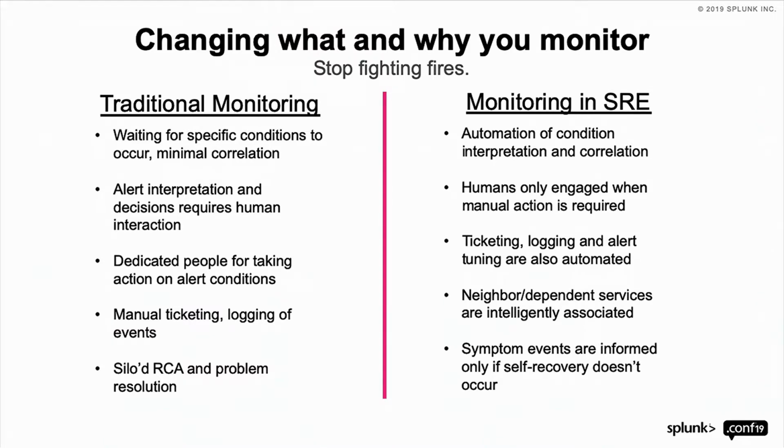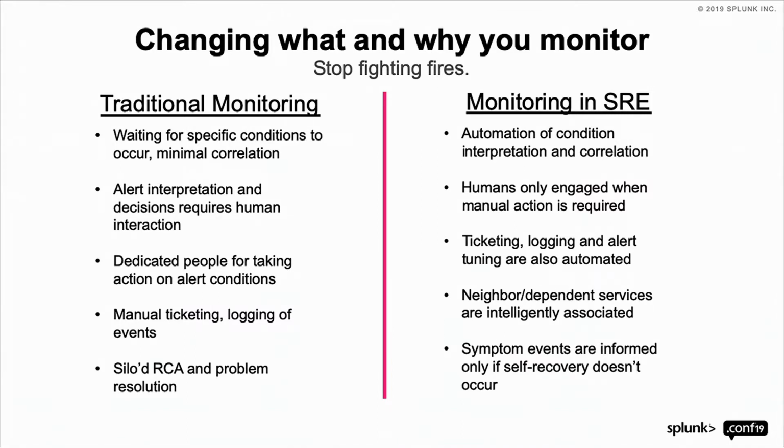The difference here, when you're moving to monitoring and SRE, is automation of the interpretation and correlation of issues, which means finding what has relationships to other events in your environment, whether those events are notable or not, and what the level of severity is.